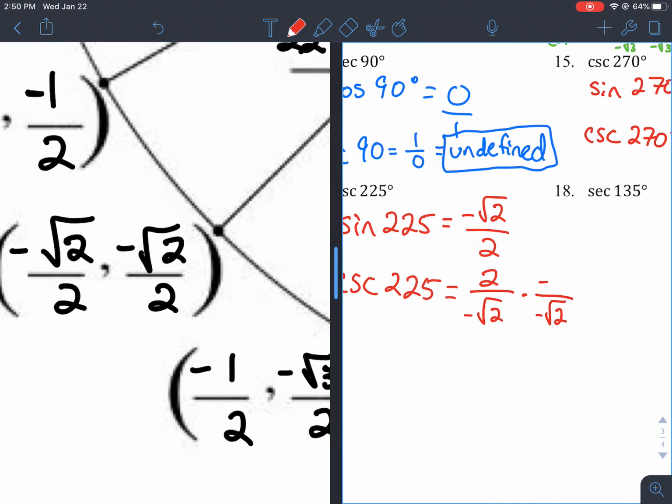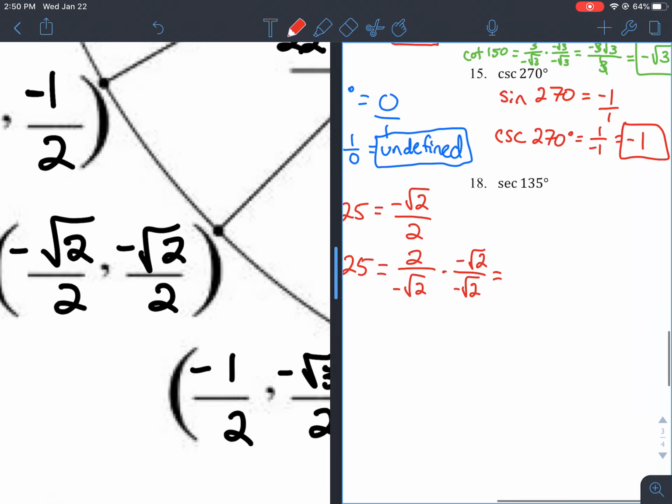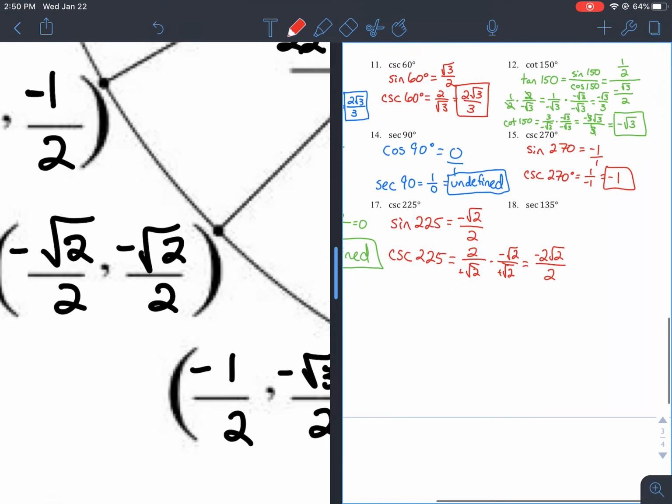Multiply top and bottom by negative root 2. And when we do that, the top will be a negative 2 root 2 over, this negative and this negative cancel out. That root and that root cancel out for a 2. And then the 2 on top and the 2 on bottom cancel out. And we are left with a negative root 2.